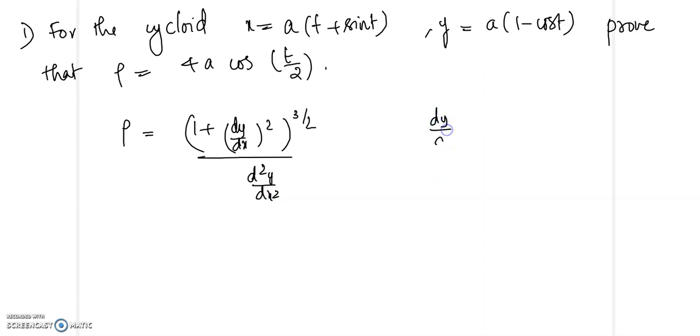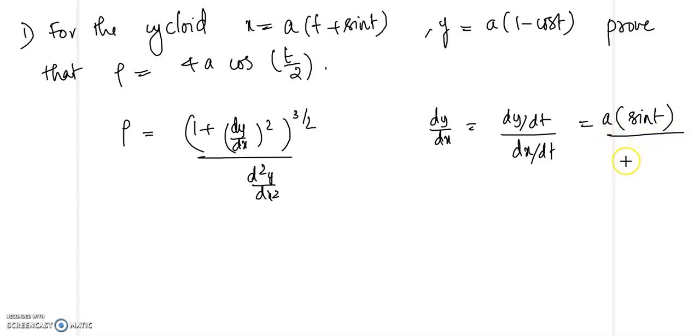So dy by dx will be dy by dt by dx by dt. Dy by dt is a into cos t is minus a into it will get sin t by dx by dt is a 1 plus cos t.